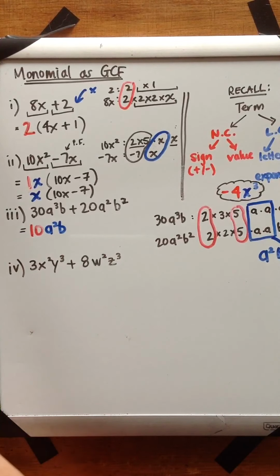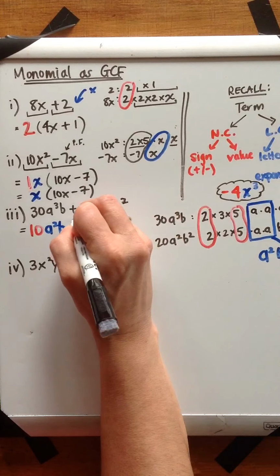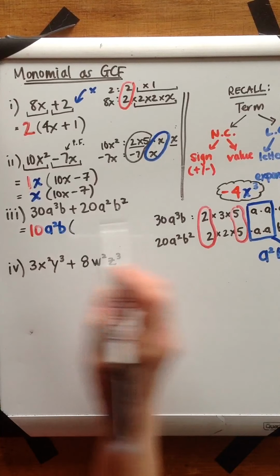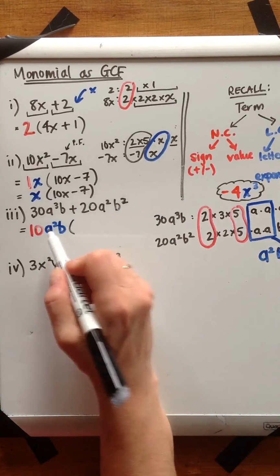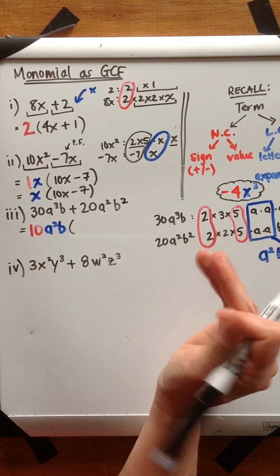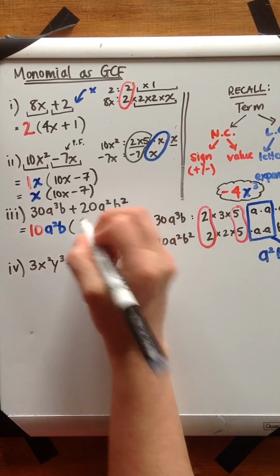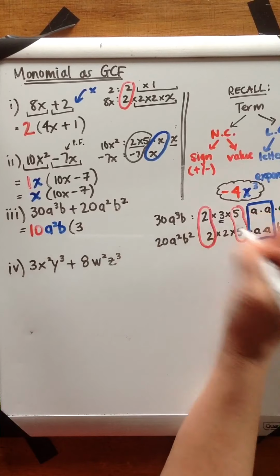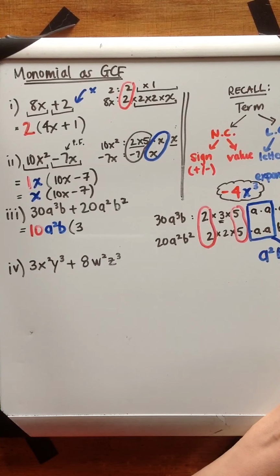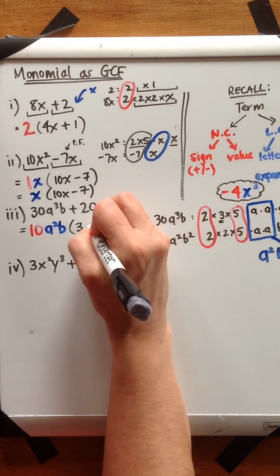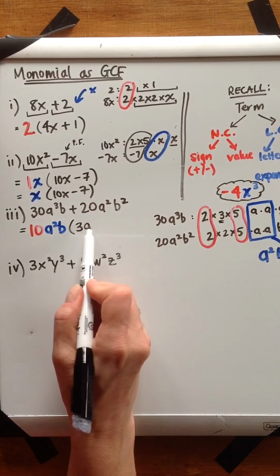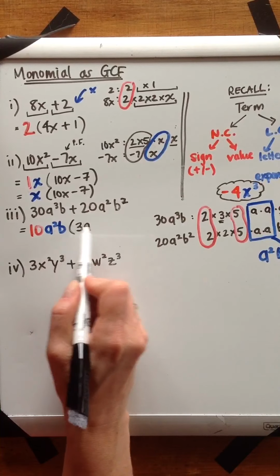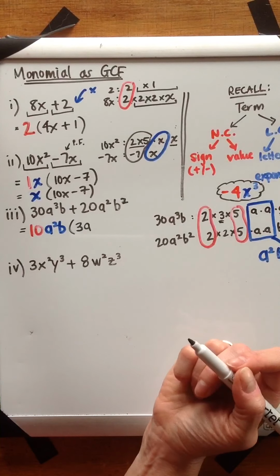To finish factoring this, I need to take that GCF and multiply it by the remainders in order to be able to get back to 30a cubed b. Well, I know 10 times 3 would give me 30. There's the 3 over here that wasn't included in the GCF. And there's also an a left over. So a squared times a gives me a cubed, and b times 1 would give me b.